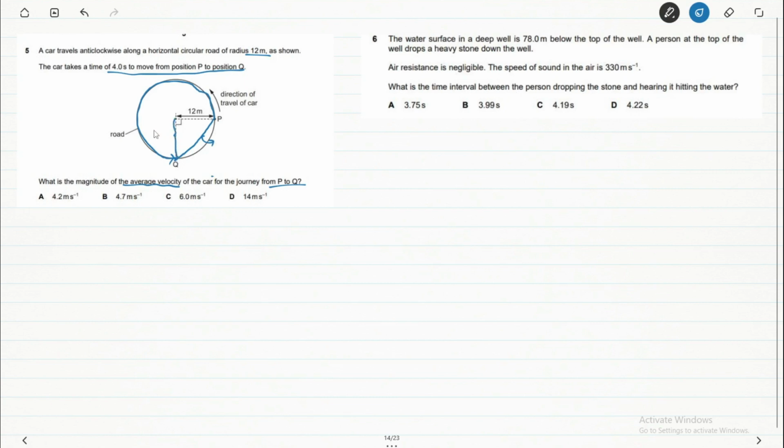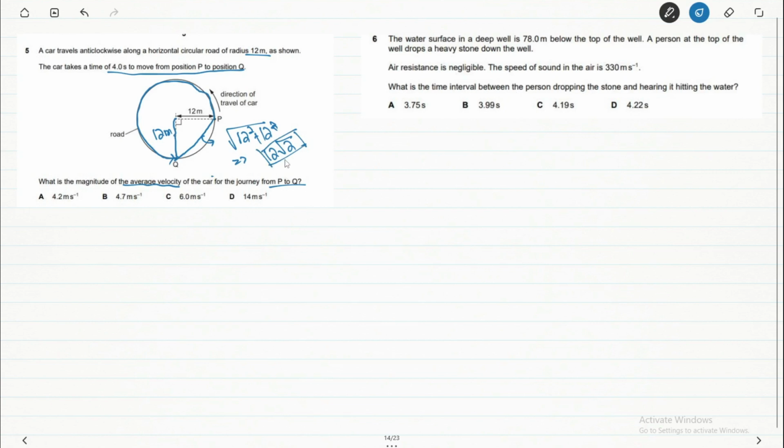So this is also 12 meter radius. So this is under root 12 square plus 12 square, right? So its magnitude becomes, let's just write 12 root 2 right now, full form.